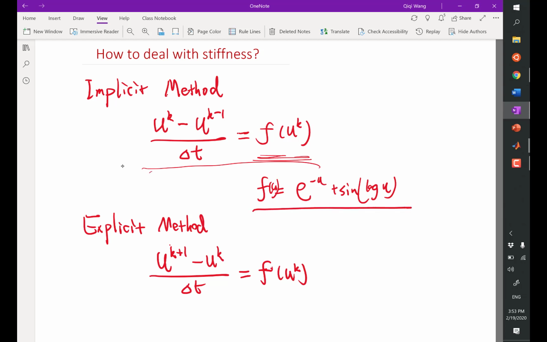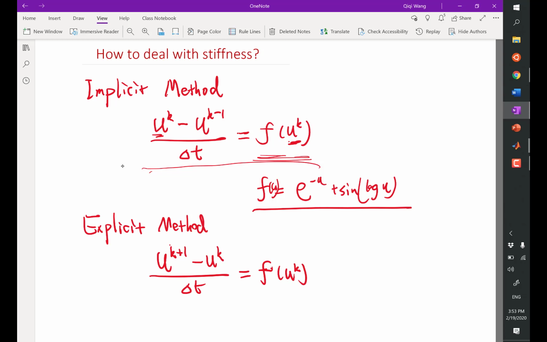How do you actually use the implicit method? You have to solve a pretty complex nonlinear equation every single time step, because this is unknown. I mean, you only know u_{k-1}. In order for you to go from k minus 1 to k, you have to solve an equation. And then from k to k plus 1, you have to solve the same equation once again.